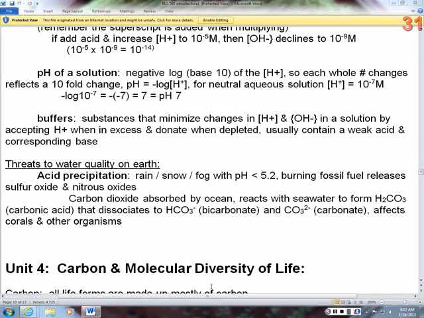For Chapter 3, where you want to focus your energy is on the section on the moderation of temperature, the insulation of a body of water, solvent of life, solute concentrations in chemical reactions, and effects of changes in pH.